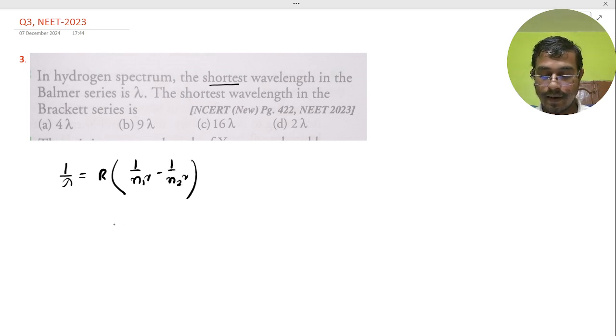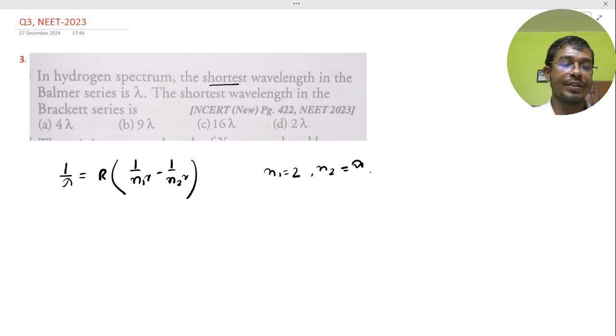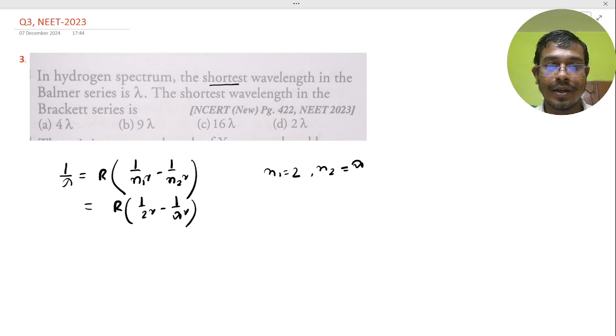For the shortest lambda of the Balmer series, n1 equals 2 and n2 equals infinity. Putting in the values, 1 by lambda is equal to R into 1 by 2 square minus 1 by infinity square, so we get R by 4. So R equals 4 by lambda.